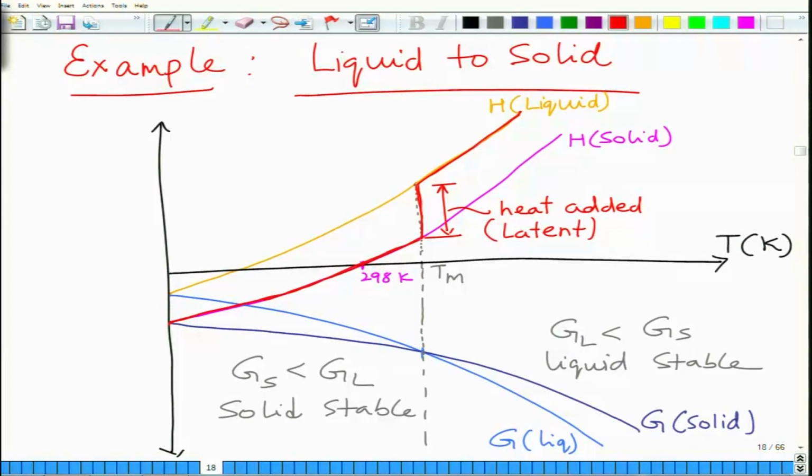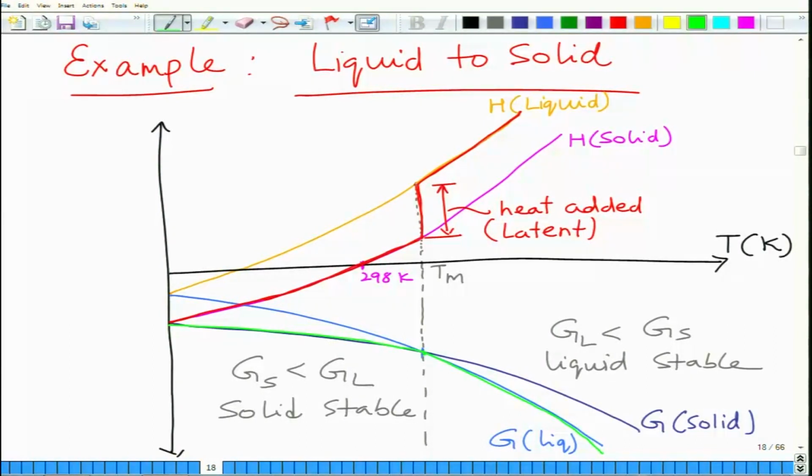And the free energy curve, if you want to plot it in a different way, up to this point the free energy of the system continues like this, and after this point the free energy of the system continues like this. So, this is the overall free energy of the system. First it follows the track of solid, and at melting point it starts following the track of liquid phase.